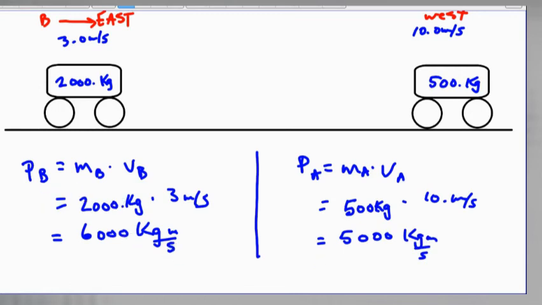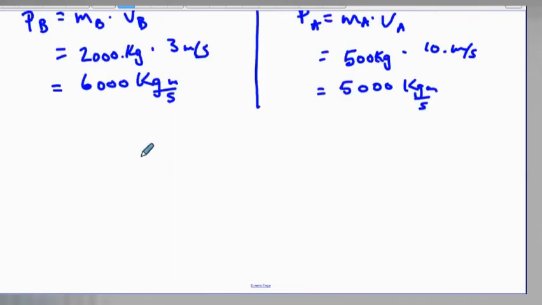When I figure out the total momentum in the system prior to the collision, P total, because they're going in opposite directions, we're going to see a significant canceling out. So we subtract the two, and I have a total momentum before they collide of 1,000.